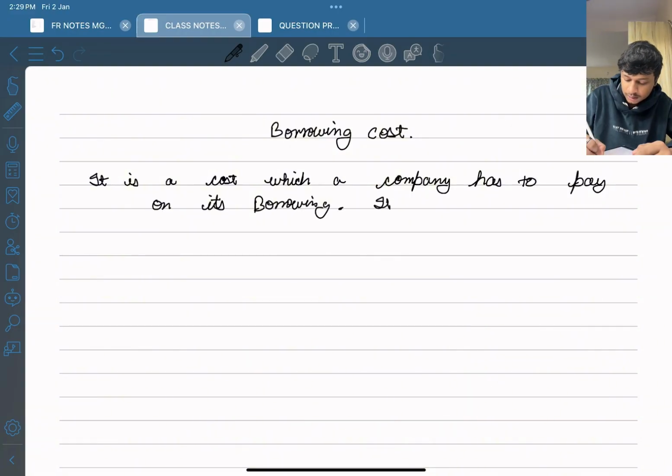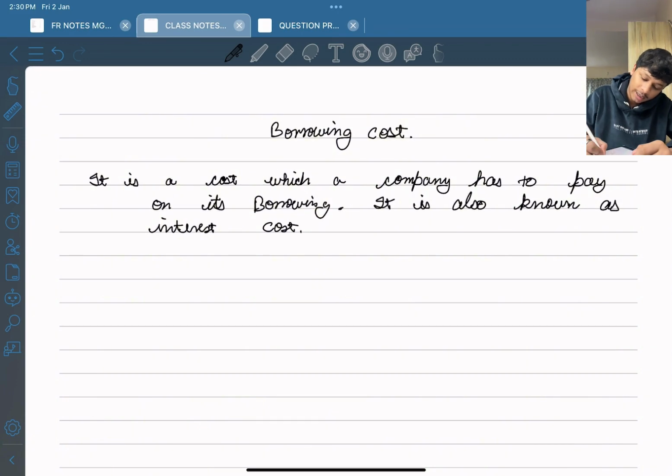It is also known as interest cost. And the standard for borrowing cost is IAS 23.